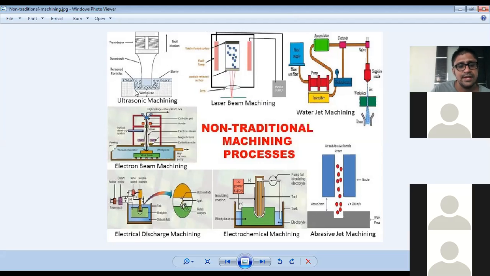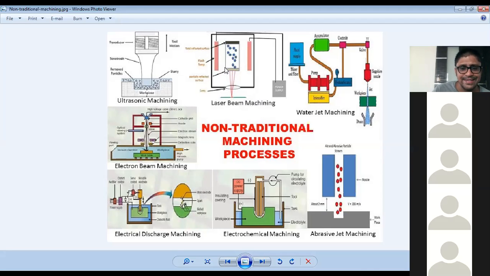So the fundamentals are the same: the production of the laser beam and how we can utilize it to cut the material. The same fundamentals of laser beam welding can be used for laser beam machining, but the output is different. In welding, we use the laser to join. In machining, we use the laser to cut.